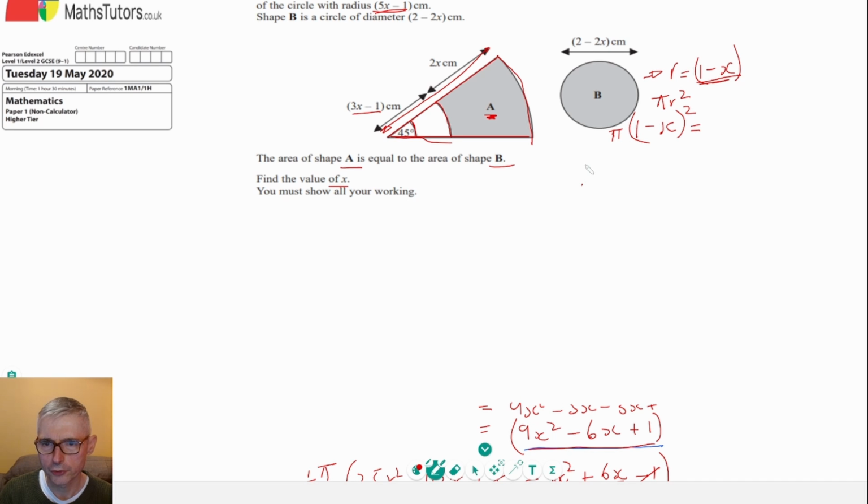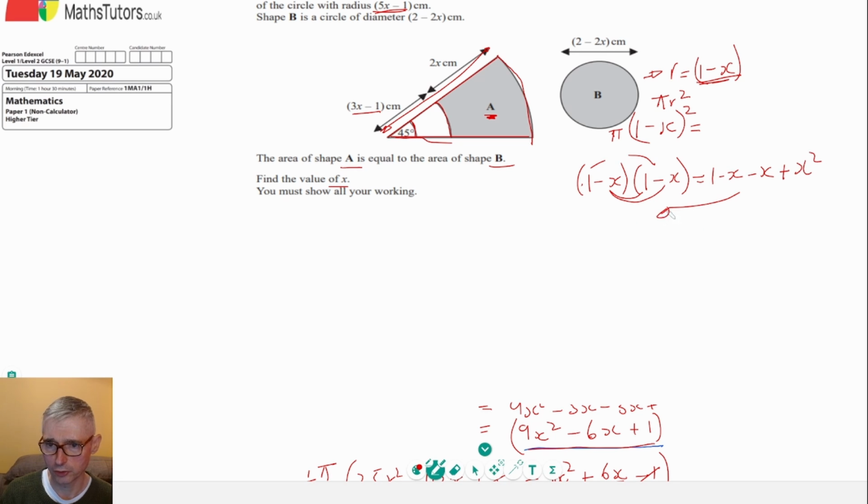So I'm just going to square out that bracket again. So what I'm going to do is I'm going to write it as double brackets, so we can see what's going on there. So we can see that we've got 1 times 1 is just 1. 1 times negative x is minus x. Negative x times 1, again, it's going to give us minus x. And then negative x times negative x is going to give us positive x squared.